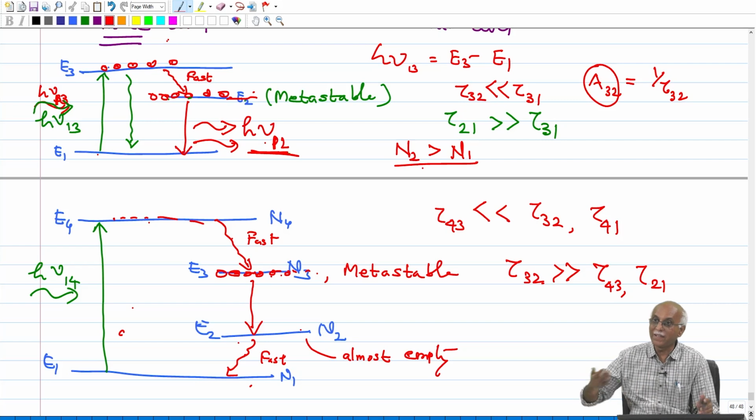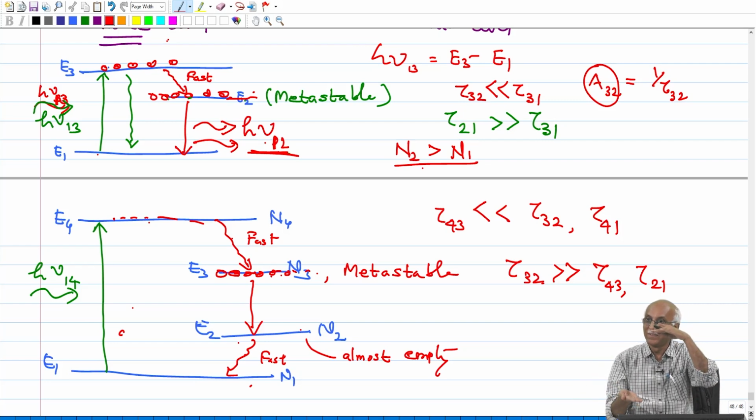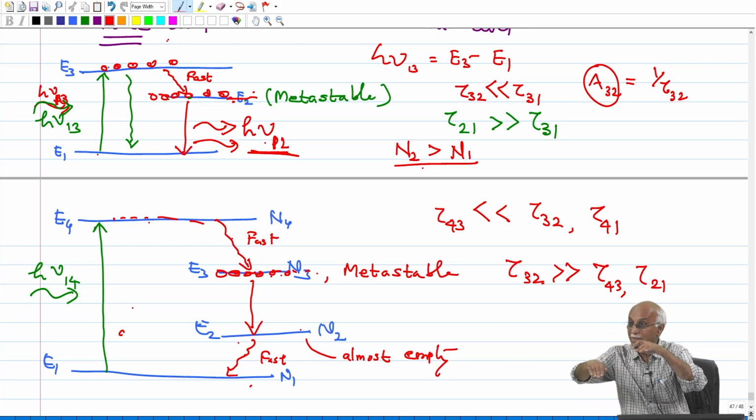It has to compete against almost 0, nil. See, in the previous 3 level system, level 2 had to compete against a highly populated ground level. That means the ground level has to be emptied below half of its population, then only level 2 will have a larger population than the ground one.